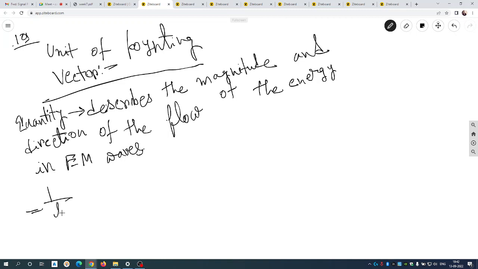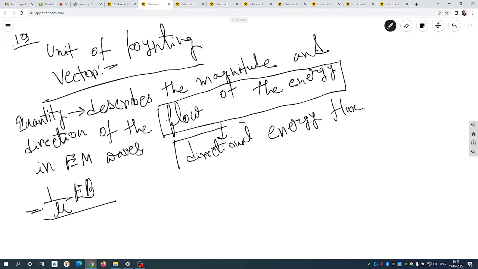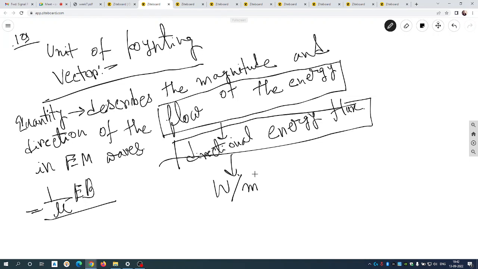So you can think of it also like this. See, this is the flow of the energy. So what can I think? It is the directional energy flux, and this directional energy flux means the power per area, meter square, that sort of thing.